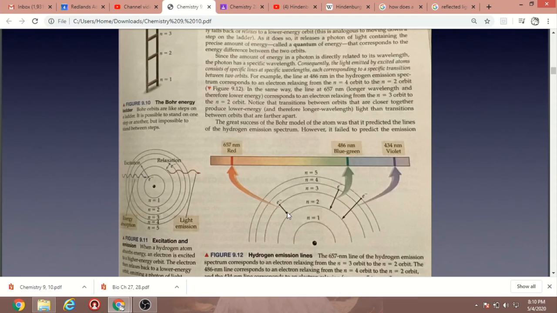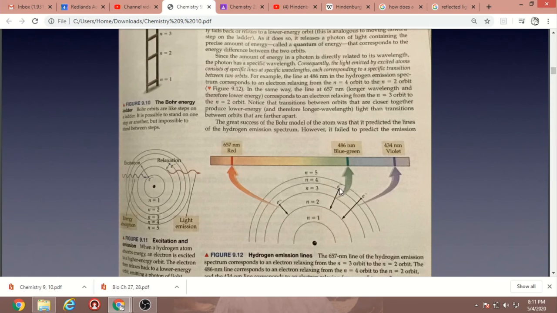But you energize it to 3 by giving it energy, and it's going to fall back to the relaxed state. And when it does, it's going to release this amount of energy, 657 nanometer wavelength of light, which is red. It's a very specific amount of energy. That's a very specific color. And that specific color literally tells us that there's that much energy required for this electron to fall back to orbit level 2 from the third level.